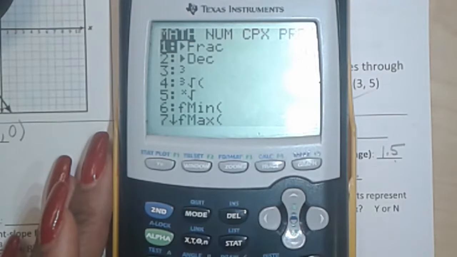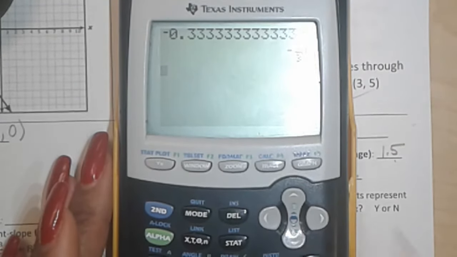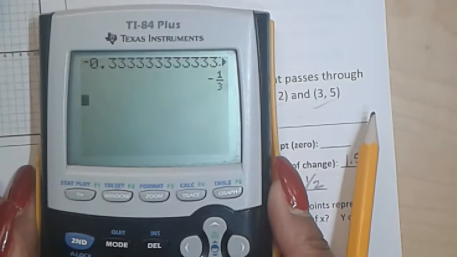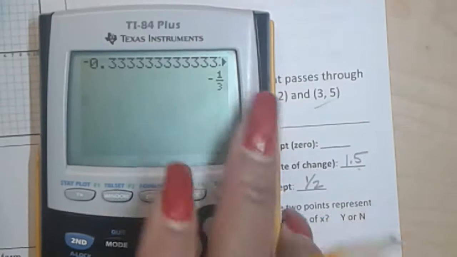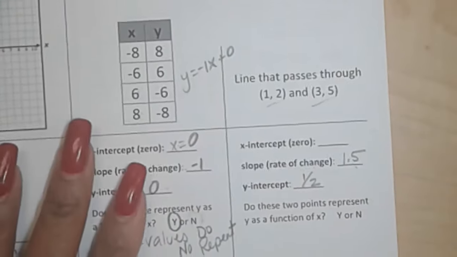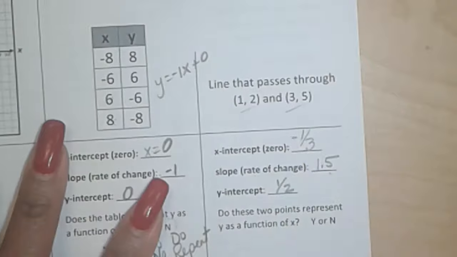Then math, frac, because we want to make it a fraction. And then what do you have? Negative 1 over 3. So it gives you the answer. It changes it into a fraction. If you do it that way, it gives it to you in fraction form. Negative 1/3.